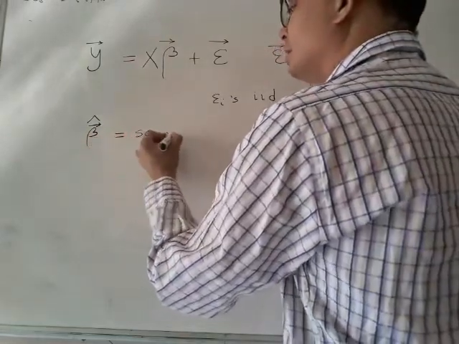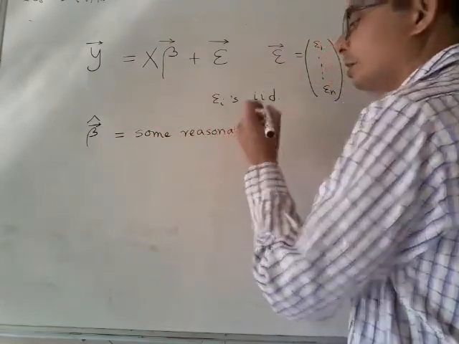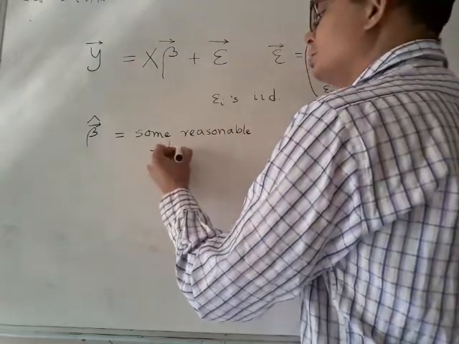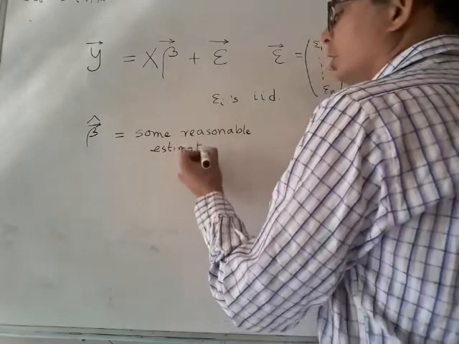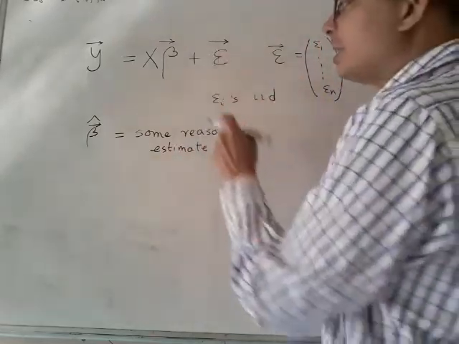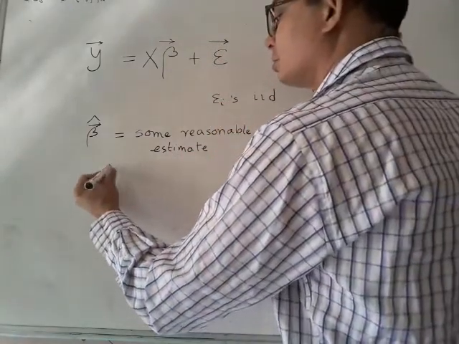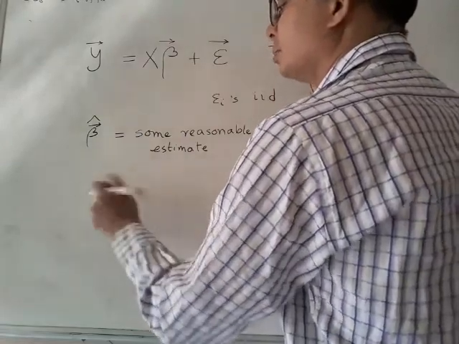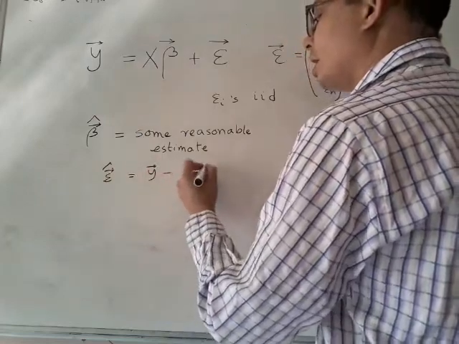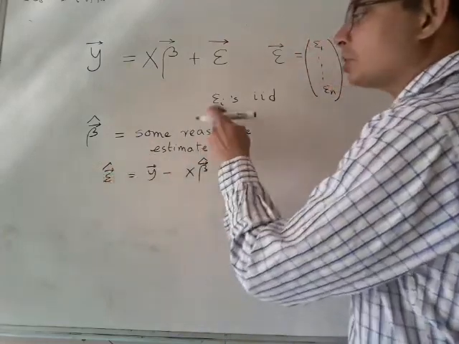Bootstrap theory does not dictate that you have to use least squares or anything; whatever seems reasonable, some reasonable estimate of beta. Now using that, you find epsilon i hats, or epsilon hat as a vector, equal to y minus X beta hat. Use them as a proxy for this.